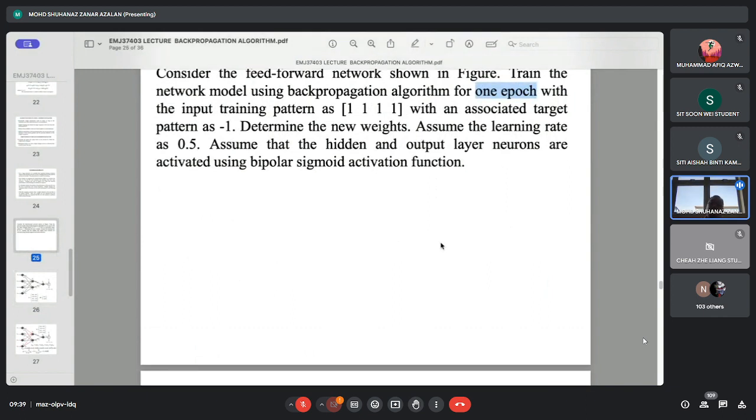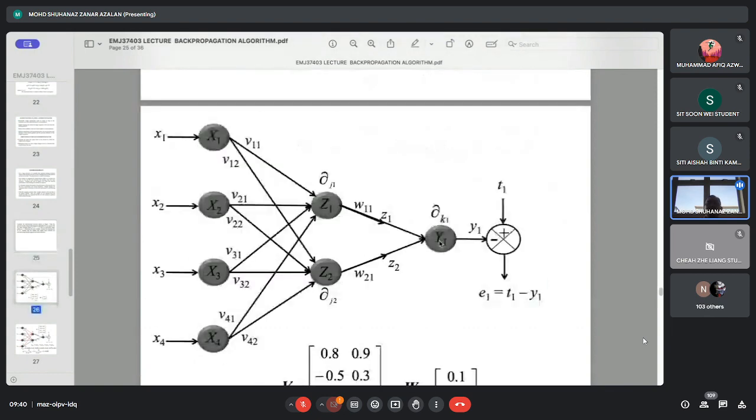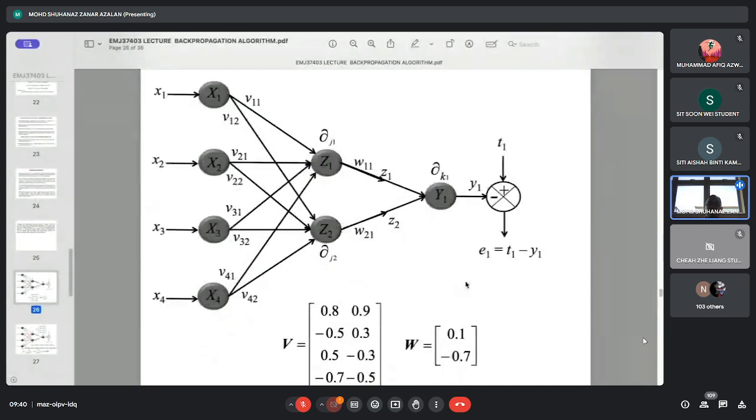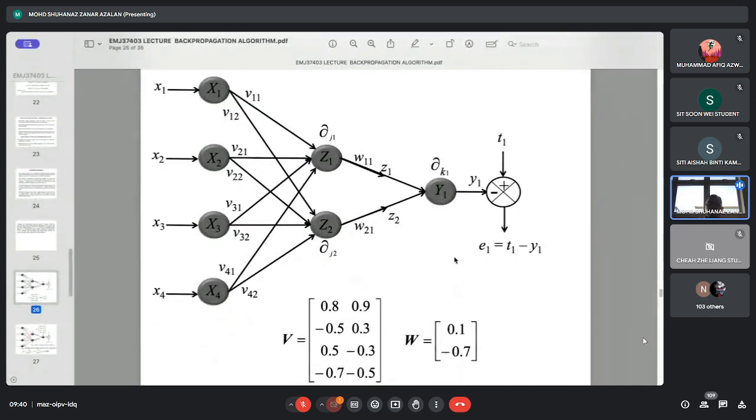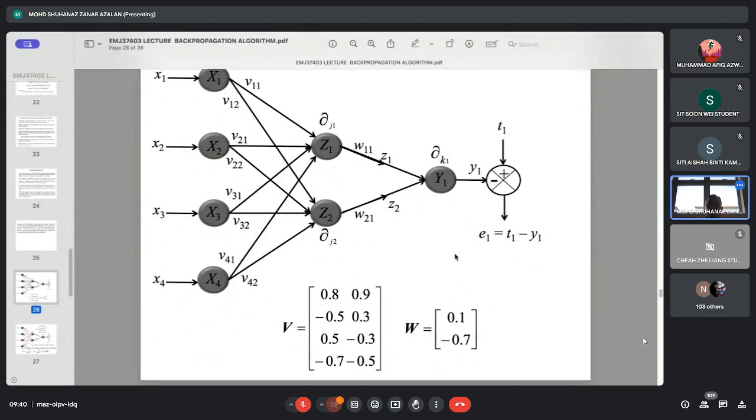That means we don't care whatever the value of E is, but we just update the weightage in one approach. Okay. So the initial values of the weightage are given here. We have input layer, hidden layer, output layer.